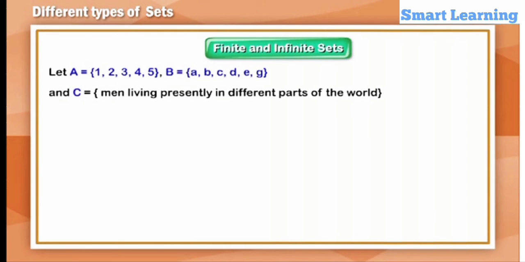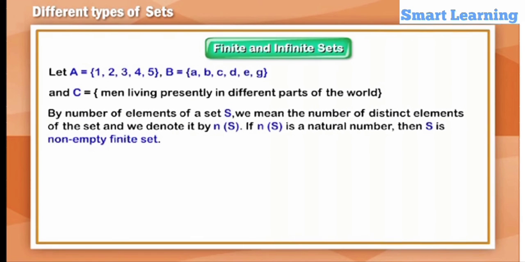Now let us learn about finite and infinite sets. We observe that A contains 5 elements and B contains 6 elements. How many elements does C contain? As it is, we do not know the number of elements in C, but it is some natural number which may be quite a big number.